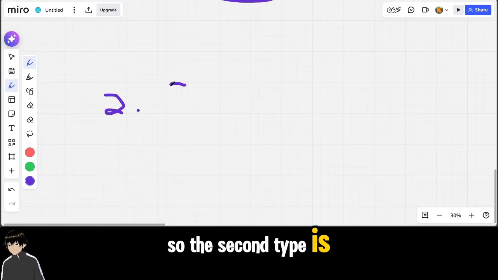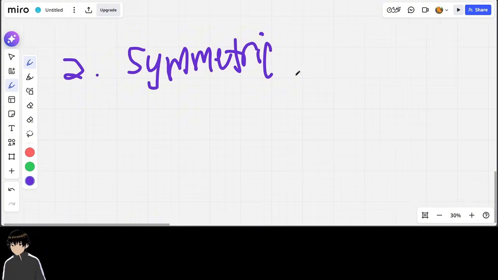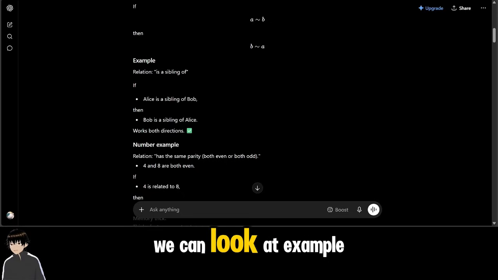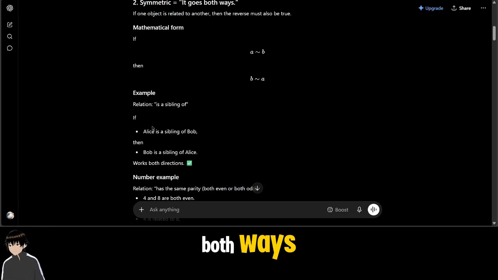So the second type is symmetric. What symmetric basically means, we can look at an example here. It goes both ways.